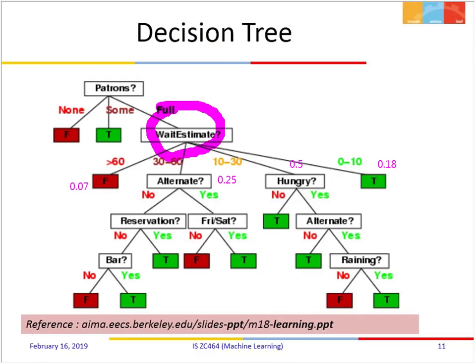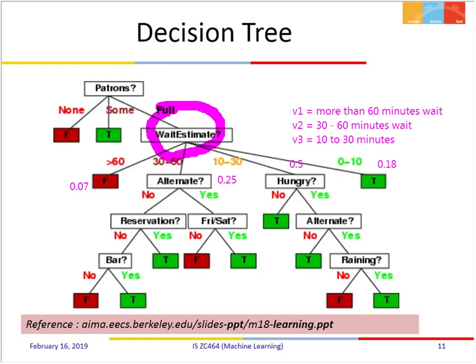V3 is actually the third answer, which says 10 minutes to 30 minutes wait. Okay, so you have understood the meaning of V1, V2, V3, V4. V4 is up to 10 minutes wait.